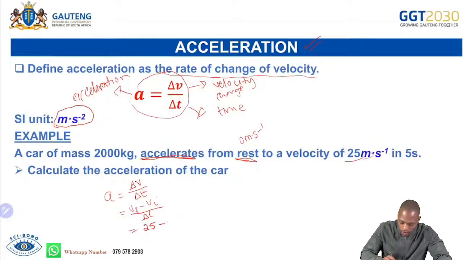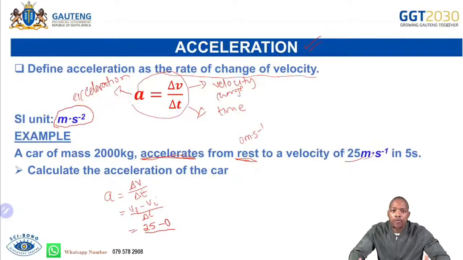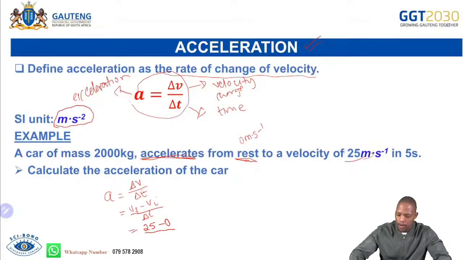So it had a velocity of 0 meters per second. And how long did it take for this car to change its velocity from 0 to 25? It took about 5 seconds. So our change in time is 5 seconds. So if you do the maths there, you are going to have 25 over 5. You should get that your acceleration is 5.